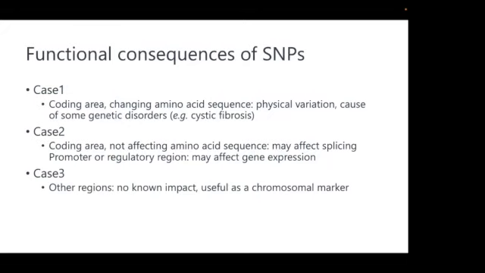Is the SNP located in the protein coding region or not? For example, in cystic fibrosis, the causative mutation is located in the coding region. Obviously, when we change the protein amino acid sequence, it may affect the function of that protein.